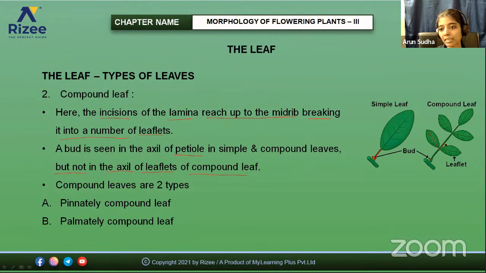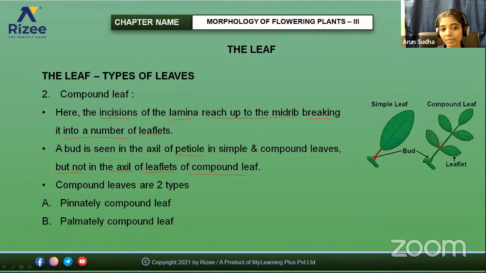This is the leaflet, but here there won't be any bud. So the bud is seen in the axil of the petiole here and here, but not in the axil of the leaflet. Is it clear? The bud is present in the axil of the petiole in simple and compound leaf, but not in the axil of leaflets.